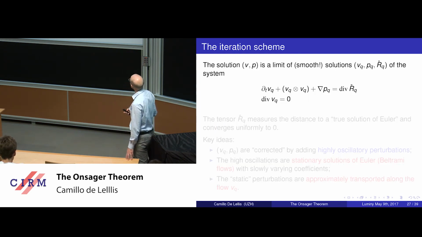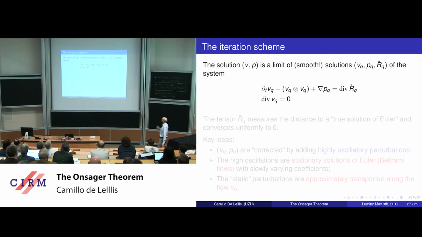So now, how does this method work? It's an iteration mechanism, and you produce a sequence of smooth solutions of the Euler equations, which are approximate solutions. So instead of having 0 right-hand side, you measure the distance to being a solution of the Euler equation by this tensor. This is a symmetric 3×3 trace-free tensor.